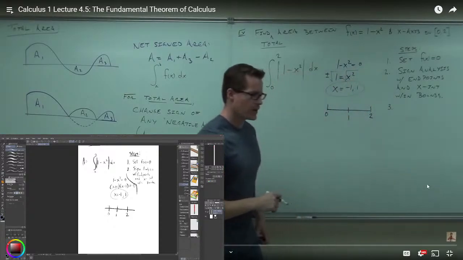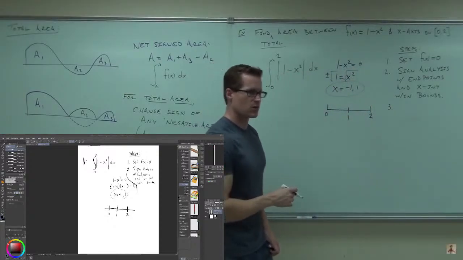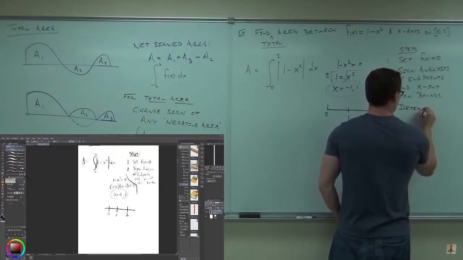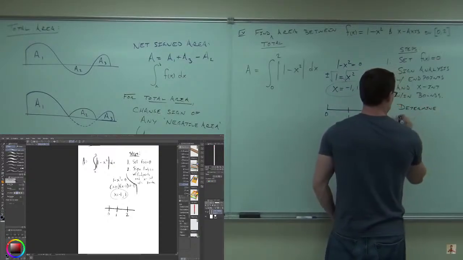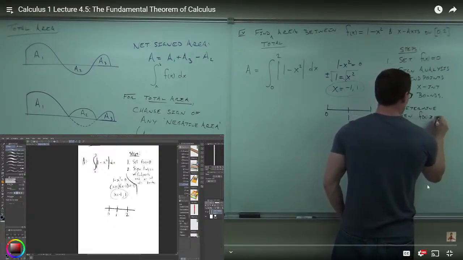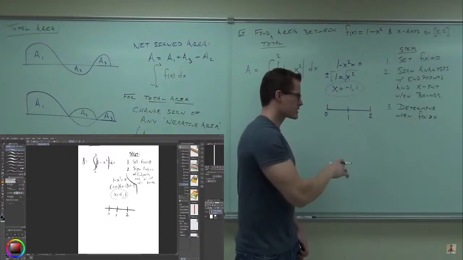So we're going to determine when f of x is greater than 0. That would be above the x-axis.